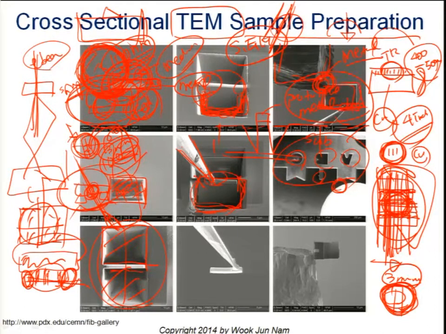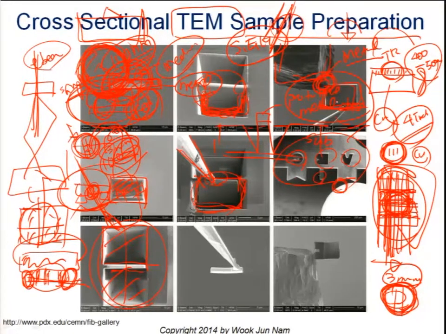So using that way, we can transfer the samples attached to the omniprobe to the specific port in the copper grid. So this is the final image of the sample. And this is the port.